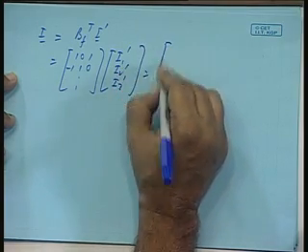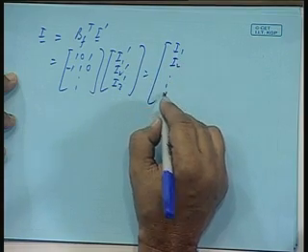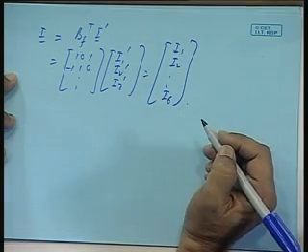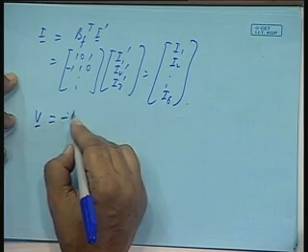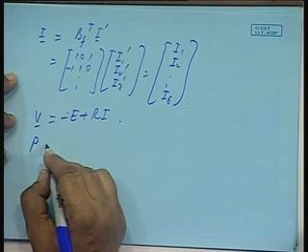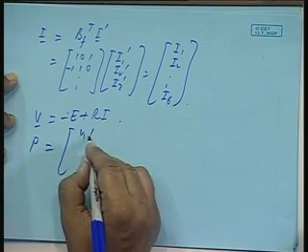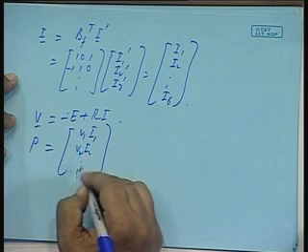So, you get 6 values I1, I2 and so on up to I6. Then V you can compute as minus E plus Ri, and hence P will be V1 I1, V2 I2 and so on. That will give you the branch power.